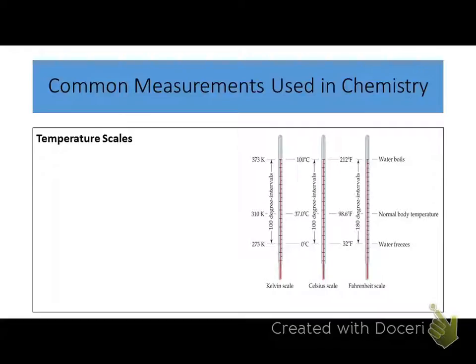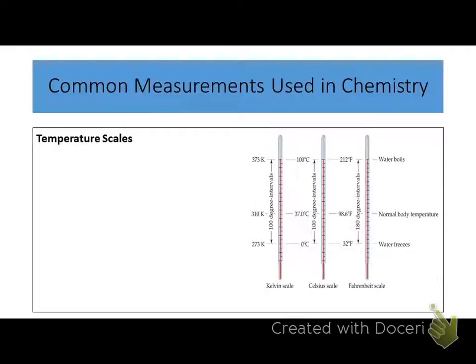All right. So here's a diagram of the 3 scales: the Fahrenheit scale, which again we're not going to even talk about, and then the Celsius scale and the Kelvin scale. Again, the Celsius scale is based on the freezing point of water and the boiling point of water at sea level. And the Kelvin scale is based on absolute zero.